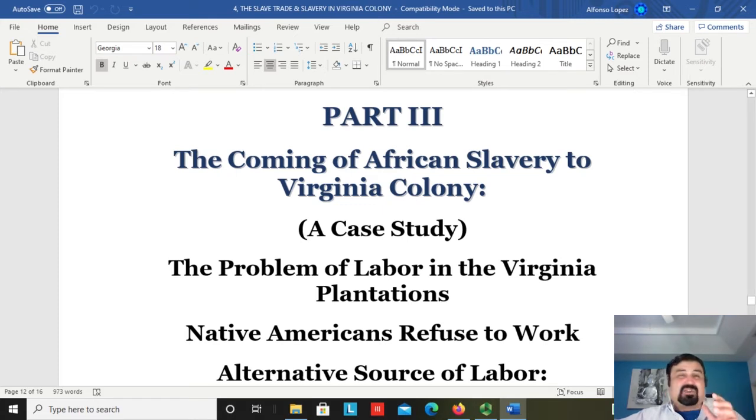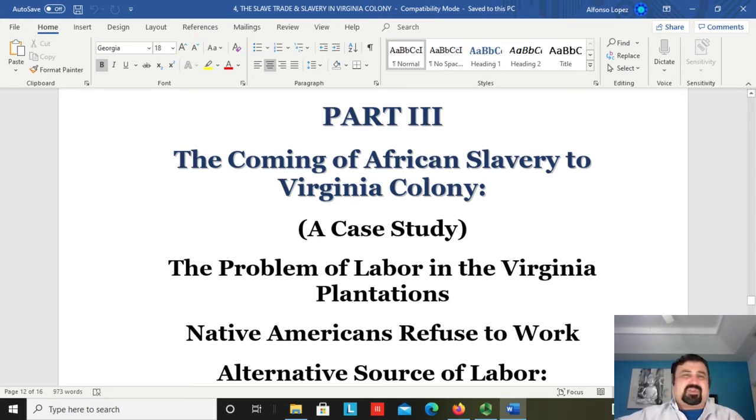It was one of the first colonies that actually instituted this system of labor, and the other colonies are simply going to mimic, they're going to imitate certain laws, certain structures of this institution, and they're going to adopt it in a very similar way as it existed in Virginia. So Virginia was like the forerunner. It provided a model of how this system could exist and how it could be carried out and so on. And others are going to simply imitate it, if you will.